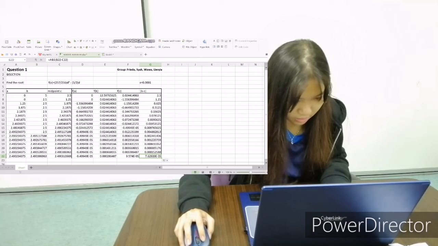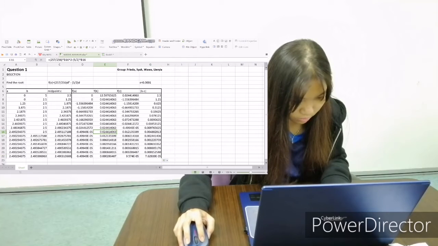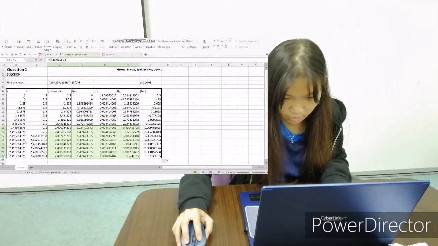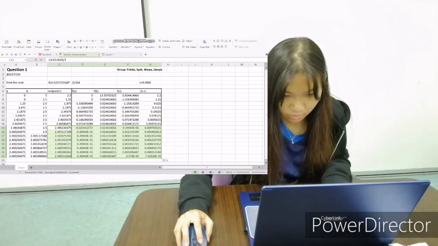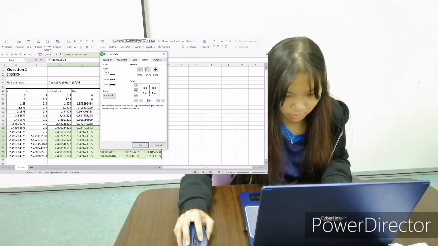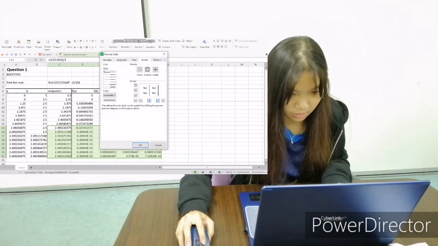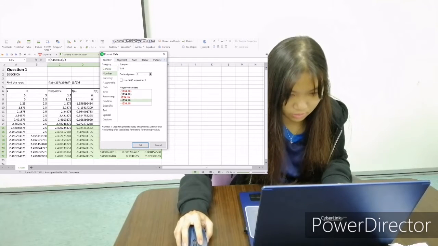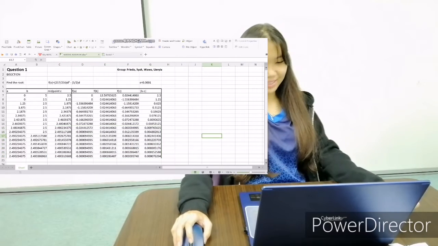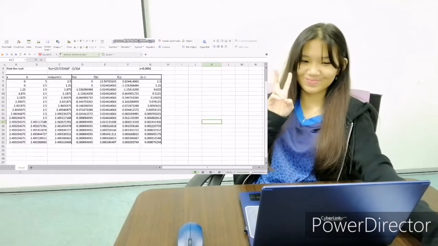Then I change all of this using Format Cells, Number, with decimal places set to 9. Done, and there we have our answer. Thank you.